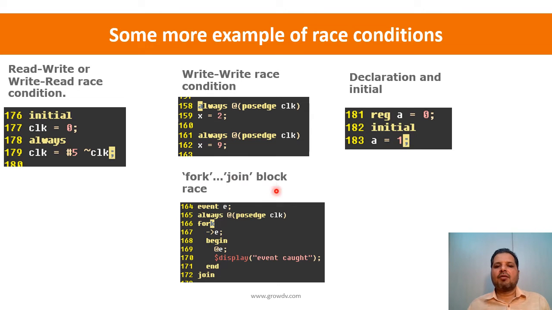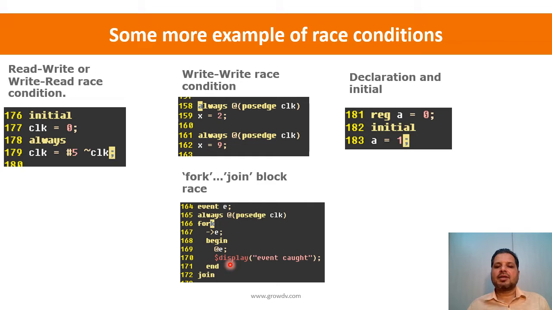And then we have a fork-join block race, wherein we have an event and we are doing a fork and triggering the event, and in another block we are waiting for the event. There's no begin and end, but this is also a block. Depending on the order in which these two get scheduled, the event may have been triggered before this block was scheduled, and then this could just get blocked, and the event caught display statement may never get displayed.